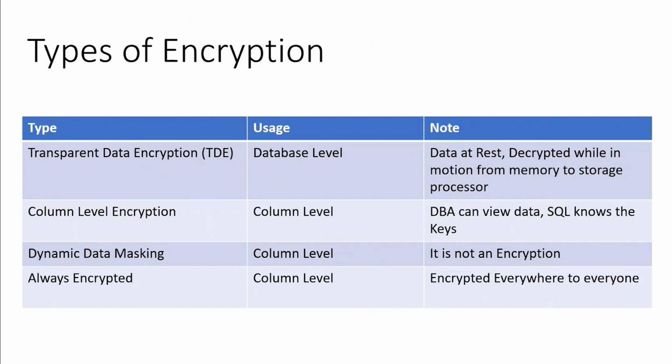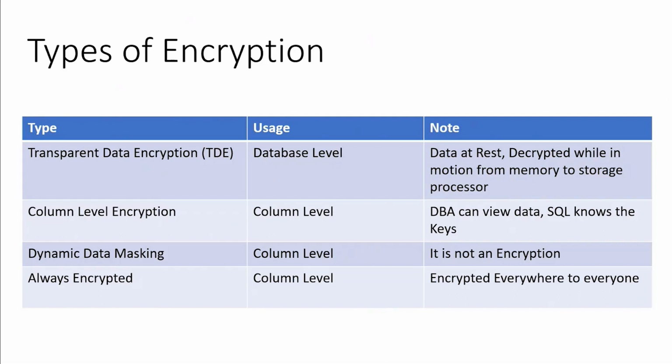Basically, this is not encryption, but when someone has read permission only, they will see the data in SQL Server masked, at the end, the start or the middle of the data, with some algorithm. That is something we can do for users who do not have the right permission on the table or database. They can only view the data.